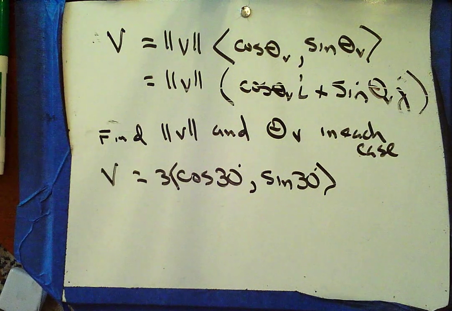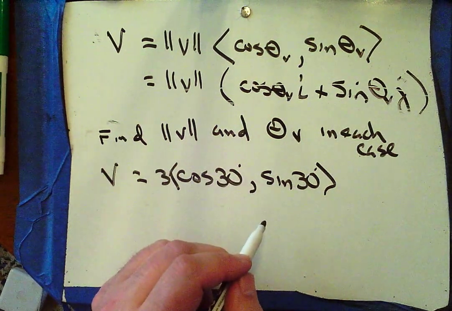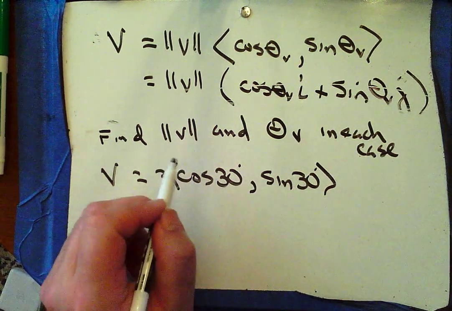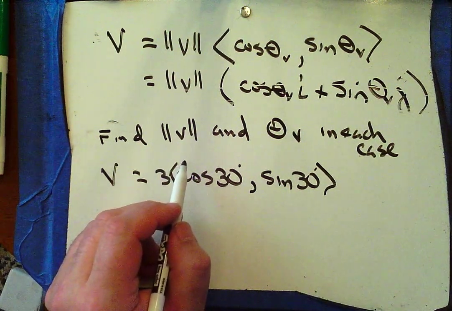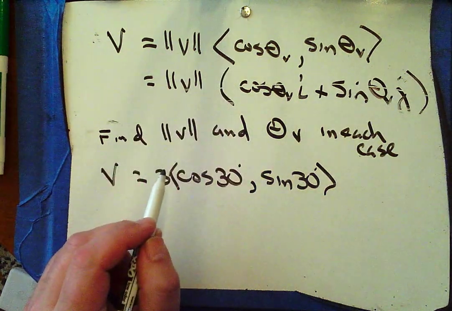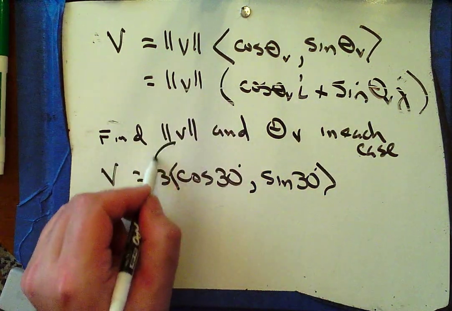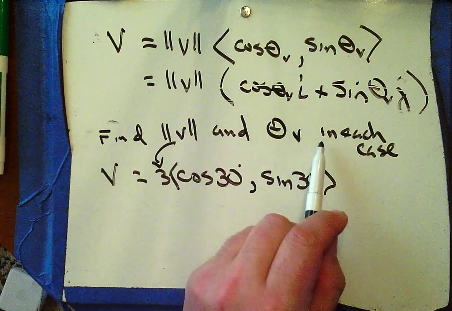Okay, and so many students want to do stuff here. They want to distribute. They want to figure out what the cosine of 30 is. But read the directions. The directions just want us to identify what the magnitude is. We know the magnitude is this number out in front of the component form. This is the magnitude. And they want us to identify theta v.